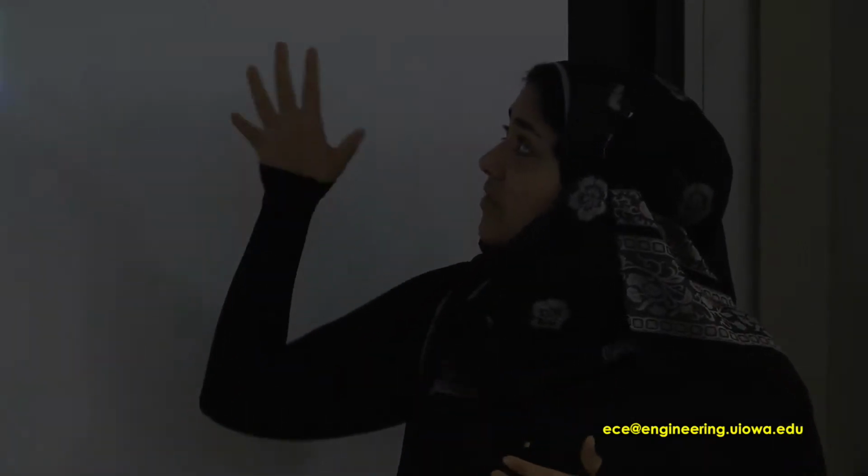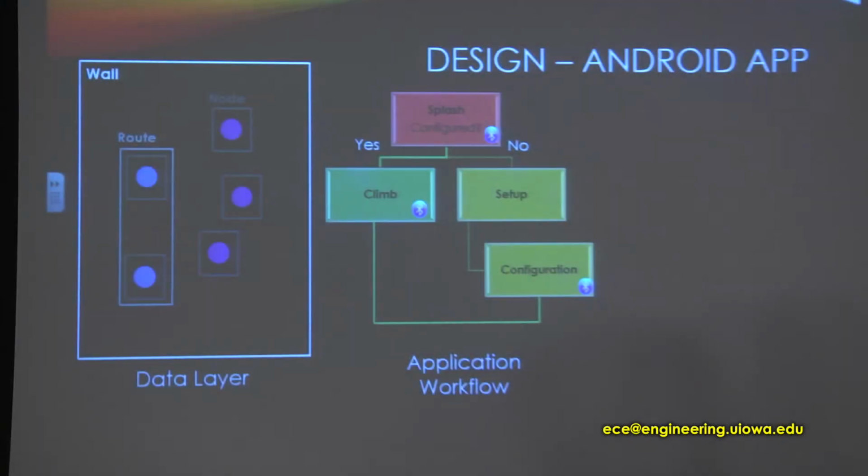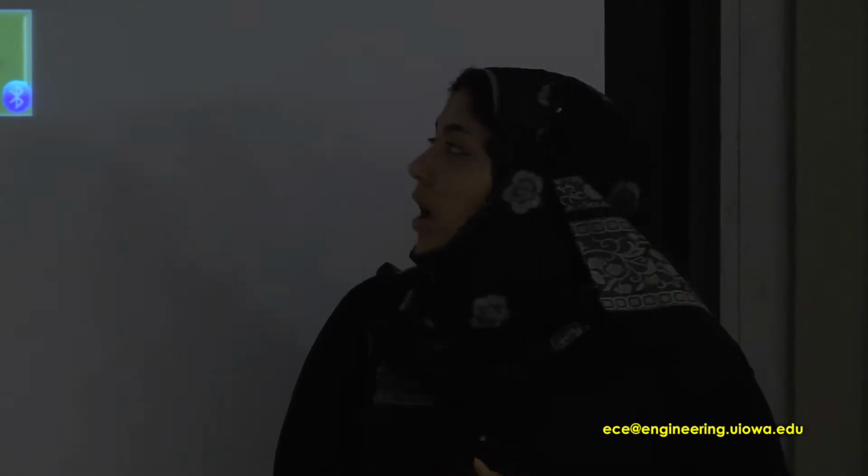If the hub replies back with yes, the wall is configured, it has been set up before, the application will then start asking, all right, give me the nodes, give me their addresses, their XY locations, and ask if there are any routes that have been saved to the memory of the hub. It retrieves all of that information and sets it up for the user, and then it just redirects them to the climb page where everything will be set up and they can just start using the wall.